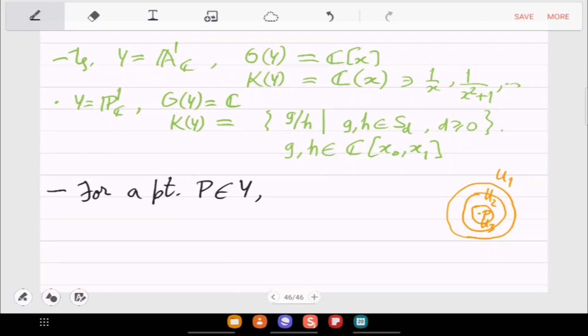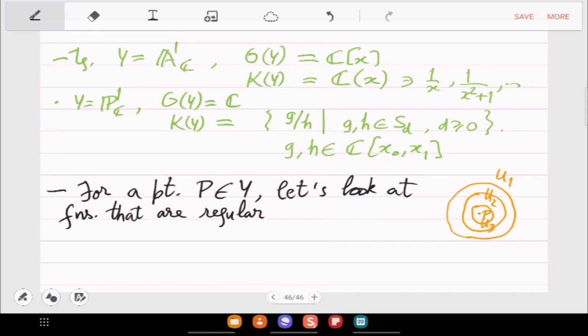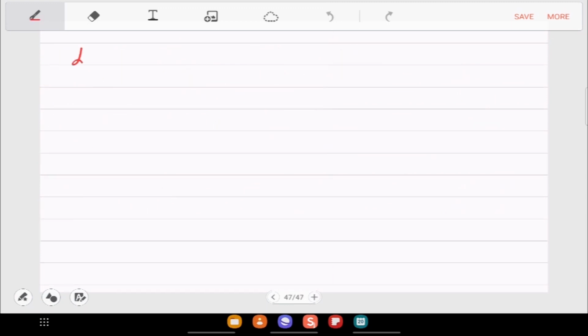So for a point P, let us look at functions that are regular in arbitrarily small neighborhoods of P. Okay, that's the goal, and I'll give you the definition right away of this set of functions.